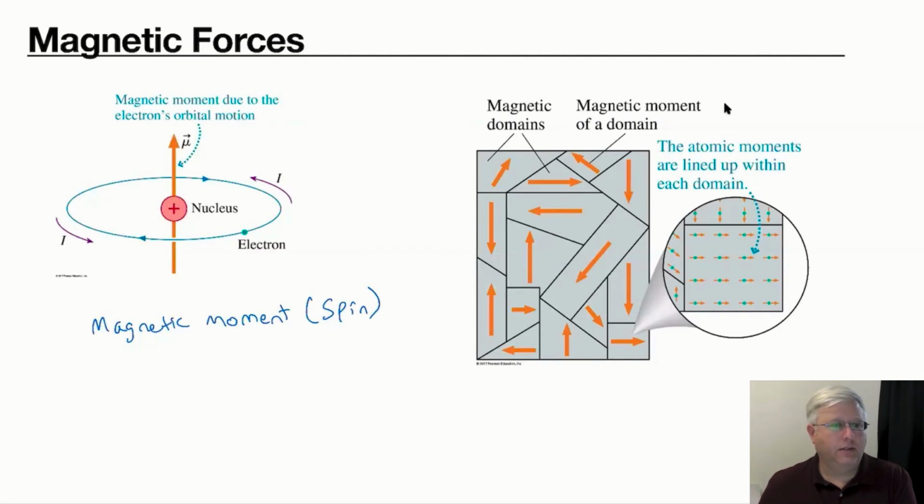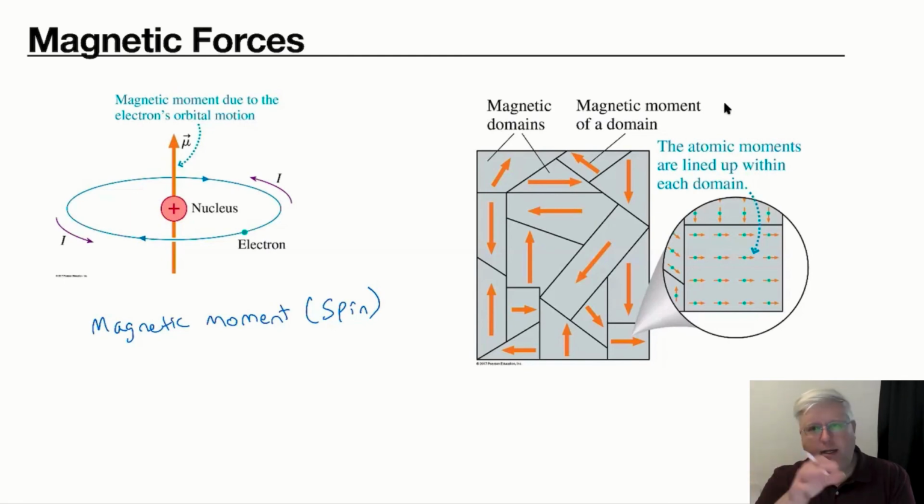And so this is an atom, right? So all atoms have some sort of magnetic moment to them, but in most elements, the magnetic moments of the atoms are just randomly arranged, okay?